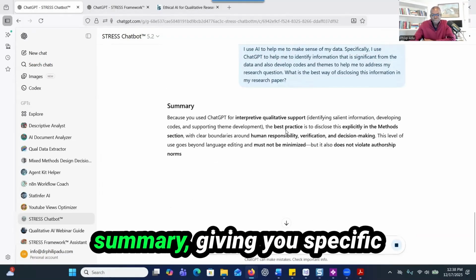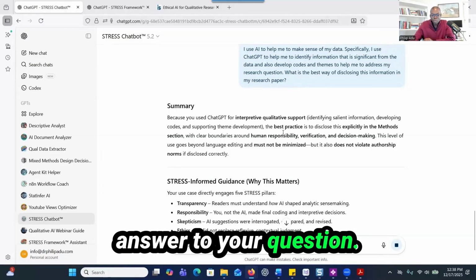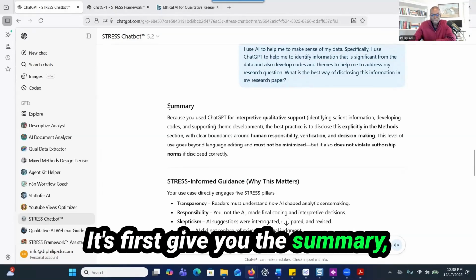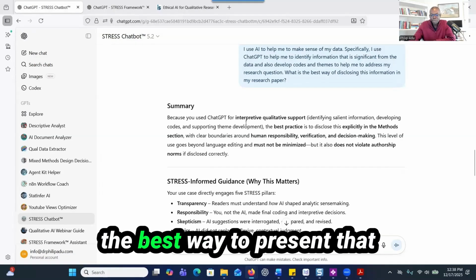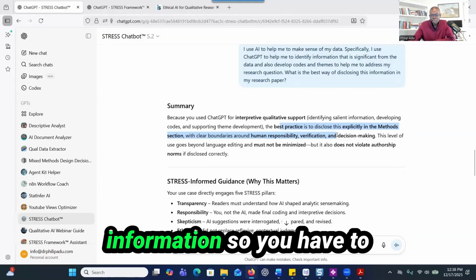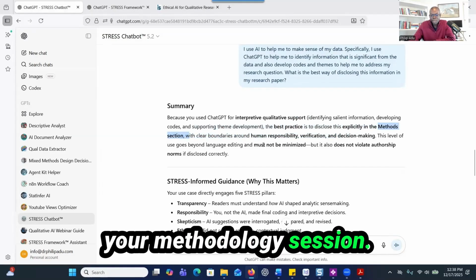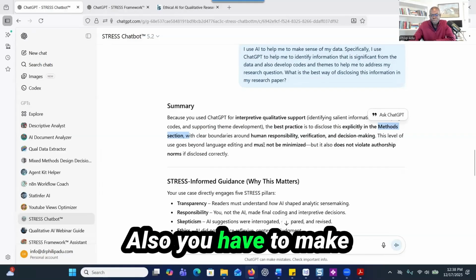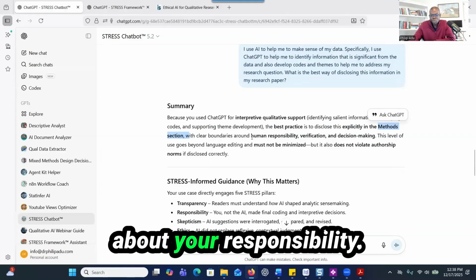A very good response. It always starts with a summary, giving you a specific answer to your question. It first gives you the summary, providing information about the best way to present that information. So you have to present that information in your methodology section. And you also have to give clear information about your responsibility.